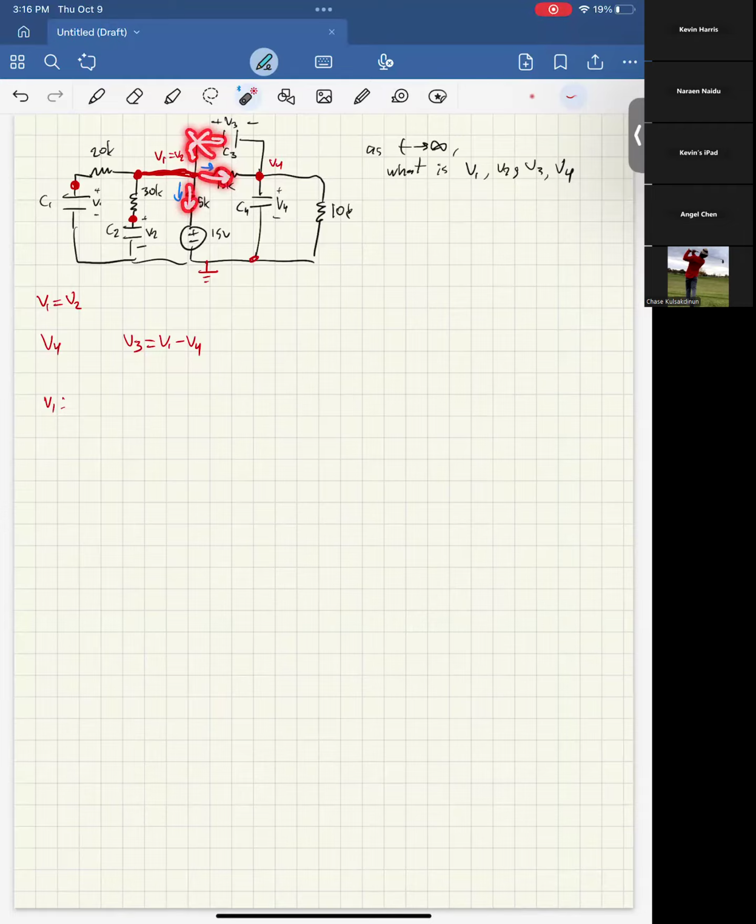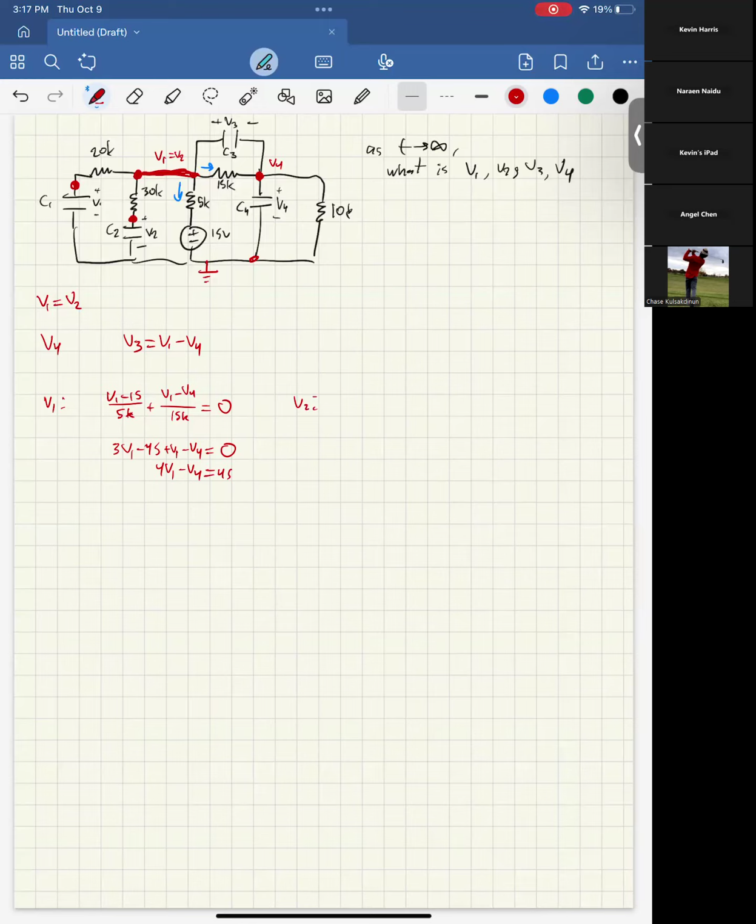So at V1, we have (V1 minus 15) over 5K plus (V1 minus V4) over 15K equals 0. That gets us 3V1 minus 45 plus V1 minus V4 equals 0, which turns into 4V1 minus V4 equals 45.